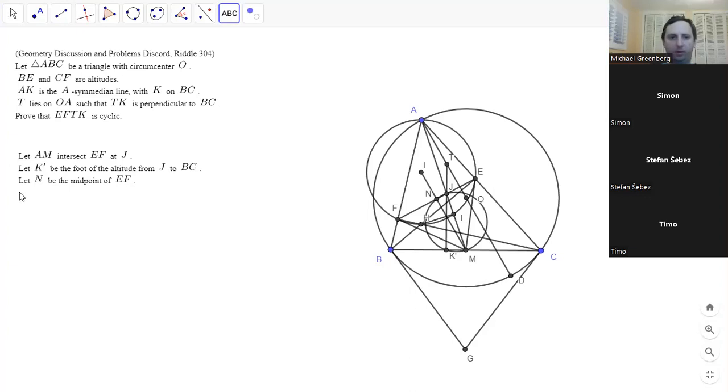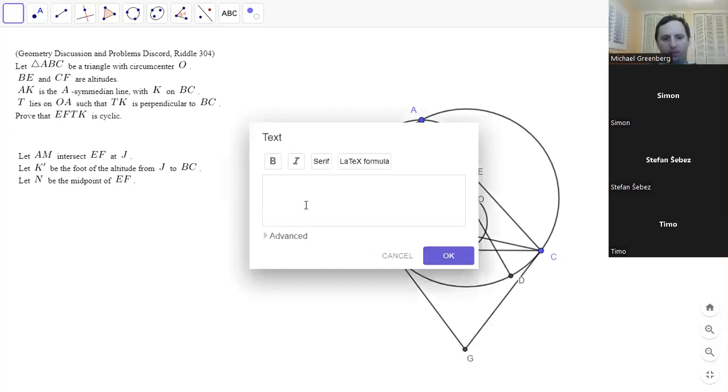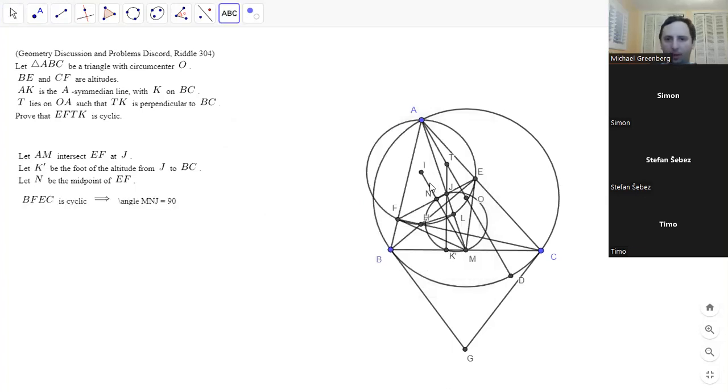So BFEC is cyclic, and that implies angle MNJ equals 90, which is equal to angle MK'J.